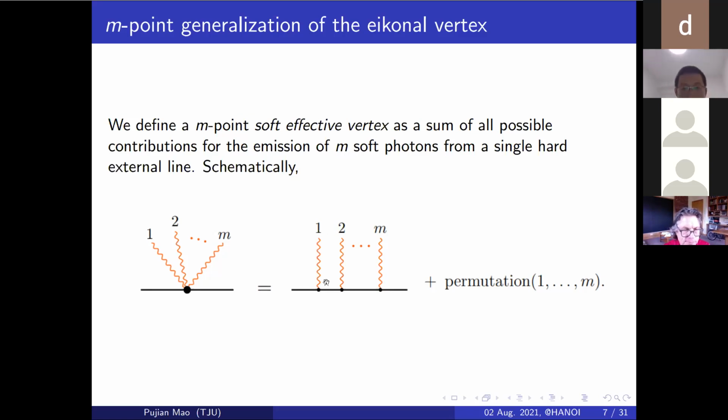Let's look at this diagram. Suppose you take the second particle to be soft first. Then this diagram will not contribute, because the soft particle comes from an internal line, not an external line, so you don't see this diagram. That's the point: when you take the soft limit consecutively, you will lose some diagrams.